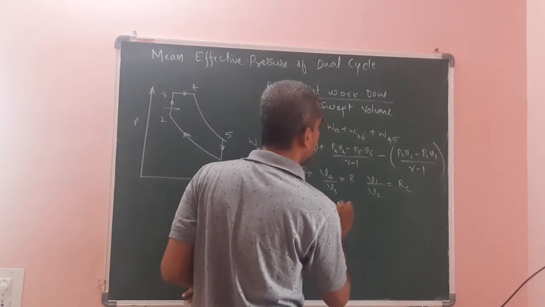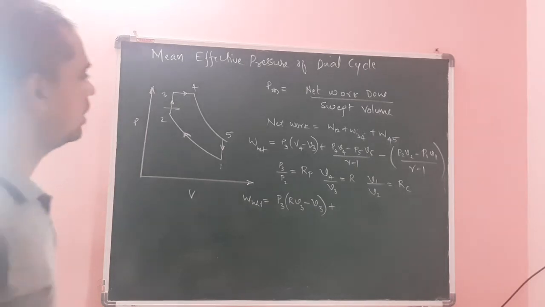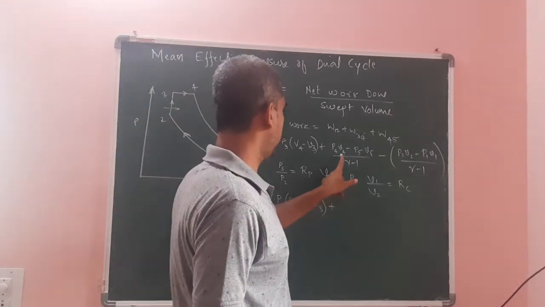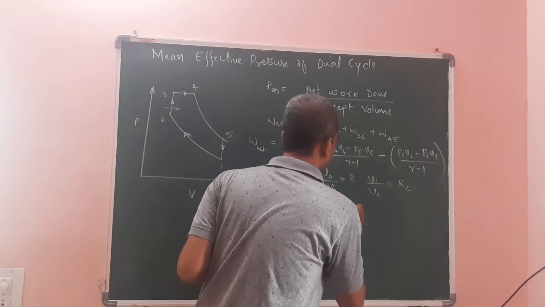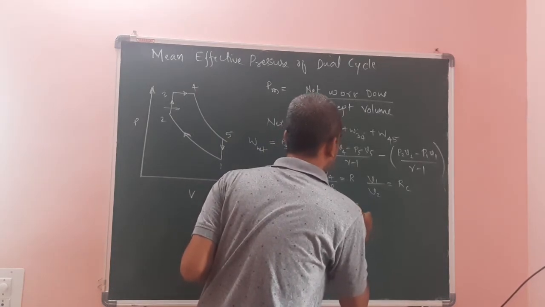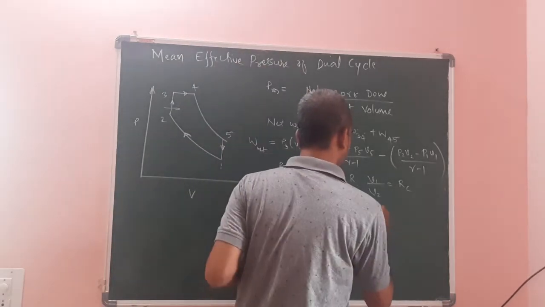Instead of V4 I will write RC into V3, minus P3 into V3, plus P4 into RC V3 minus P5 into V5.